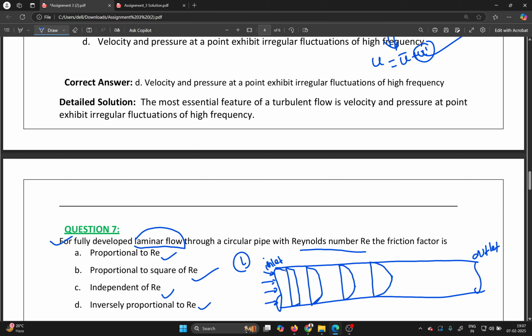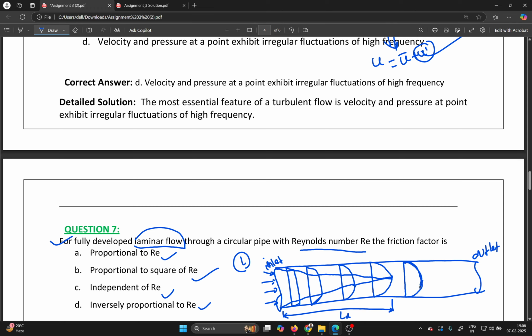So your velocity is varying when you draw a line like that. So remember, this length is known as your fully developed length, or you can say LD, the development length. So in case of laminar, after that your velocity will always have a parabolic variation.